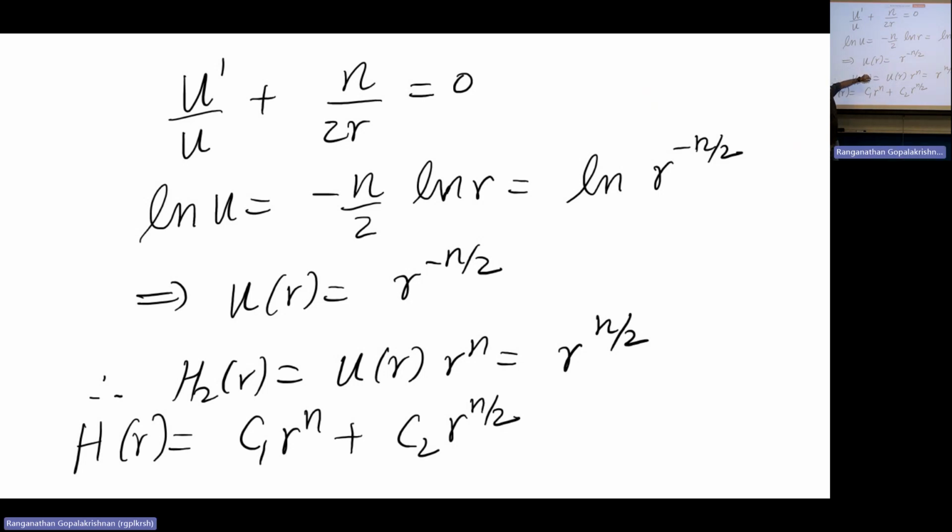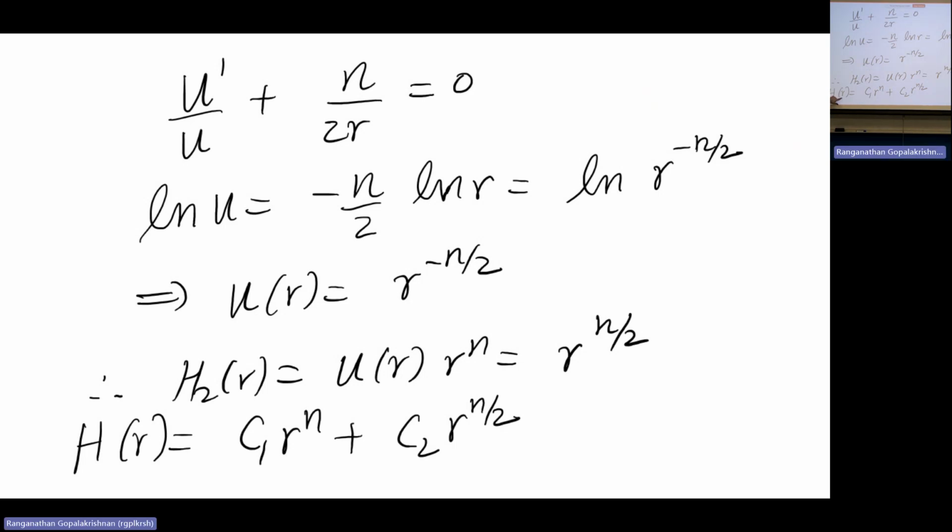Remember what was h1? h1 was r power n. h2 happens to be r power n multiplied by r power minus n over 2, which is r power n over 2. This is your complete function.